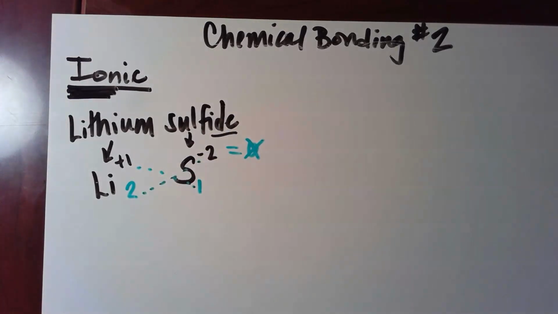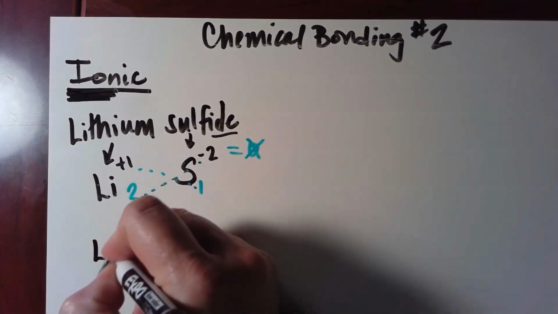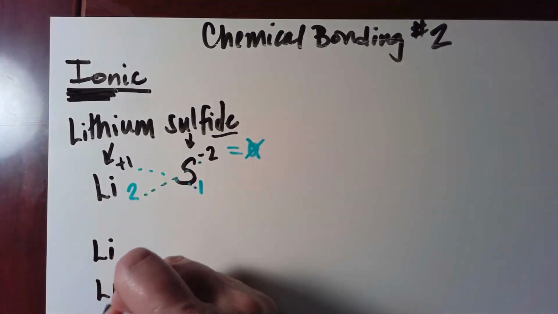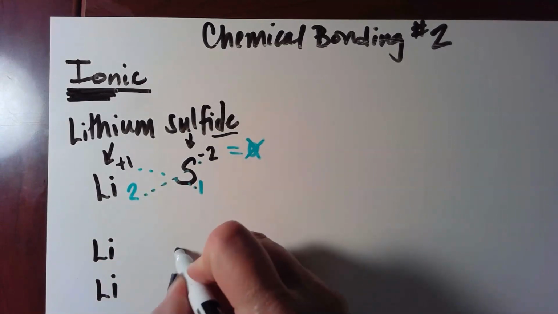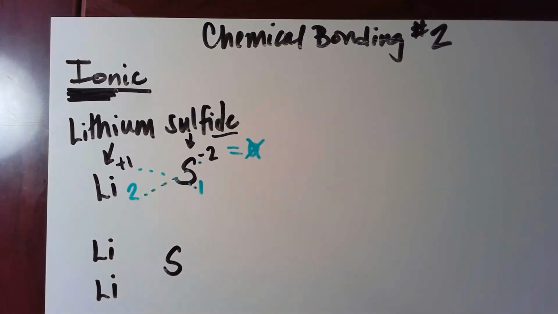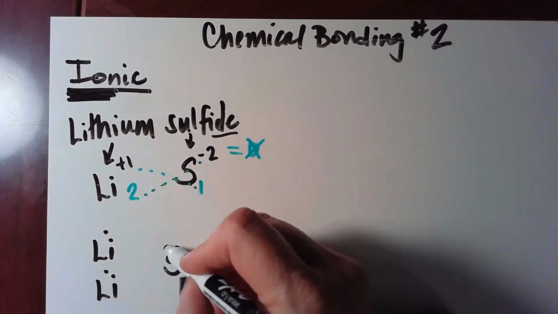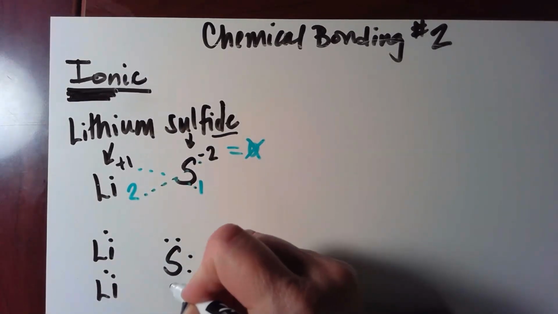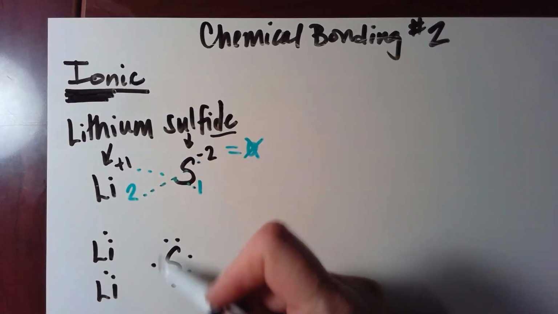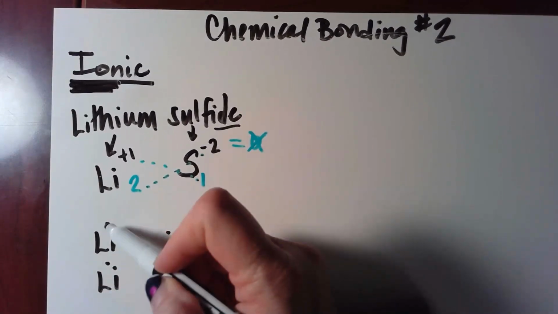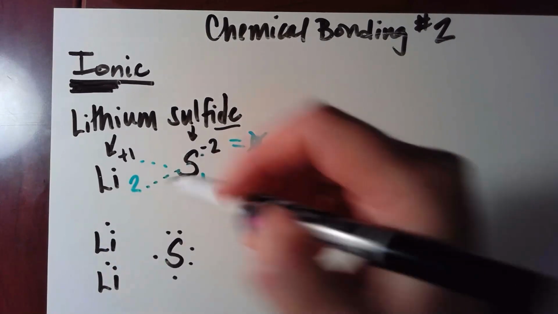Okay, crisscross. Now, what that really means, like we said yesterday, is that you have 2 Li for every 1 S. As we said yesterday, lithium is group 1, 1 dot, and sulfur is group 16, 6 dots.